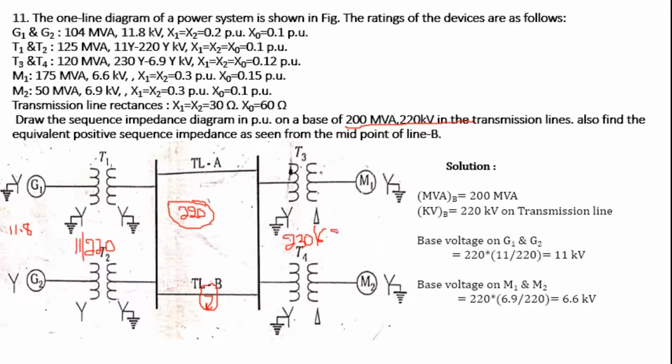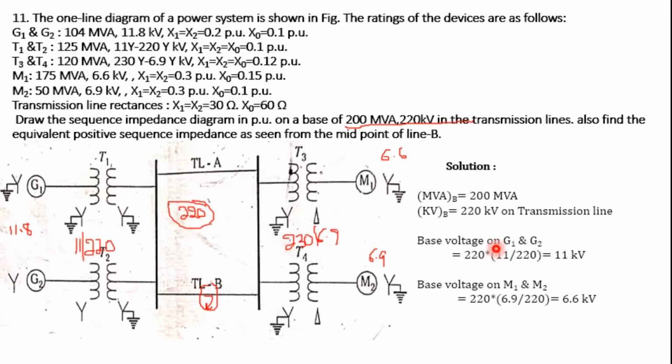For the motor M1 it is 6.6 kV, and for the motor M2 it is 6.9. So these are the old values: 11.8, 11 bar 220, 230 bar 6.9, 6.6, 6.9. Now we need to calculate the new values.